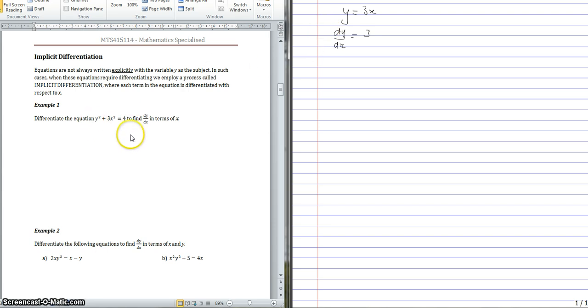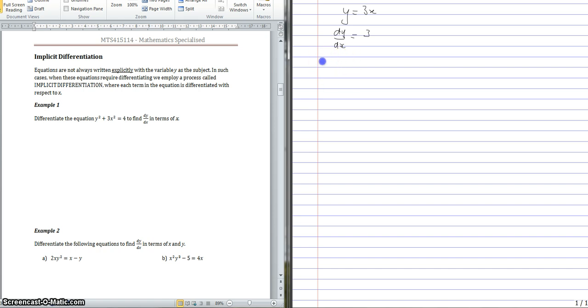In fact, this first one here, we need to differentiate the equation y squared plus 3x squared equals 4. Clearly, in this particular example, we could rearrange it to make y the subject and then differentiate explicitly. But we're just going to look at differentiating it implicitly.